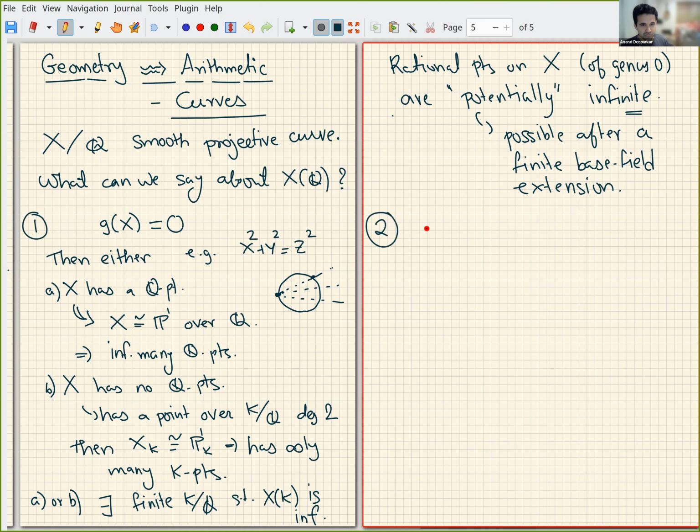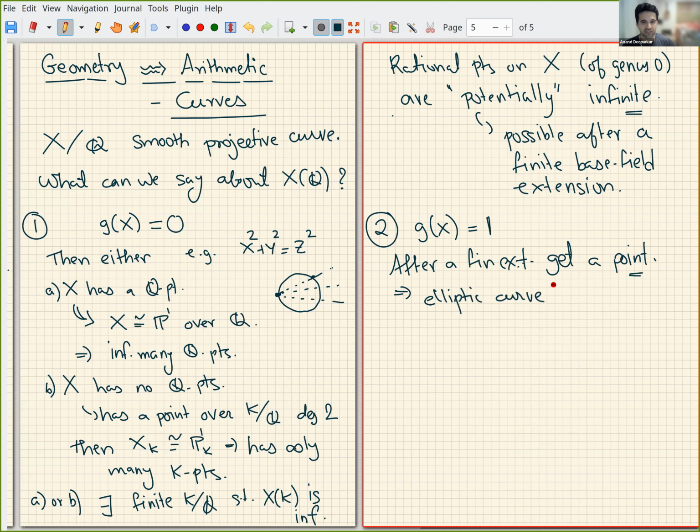Case number 2 is if the genus of X is 1. And here the story is also similar. It could happen that X has no rational point, but you could always pick a finite extension and get a point. Then you can make this point the origin and put a group structure on X, so you get an elliptic curve.